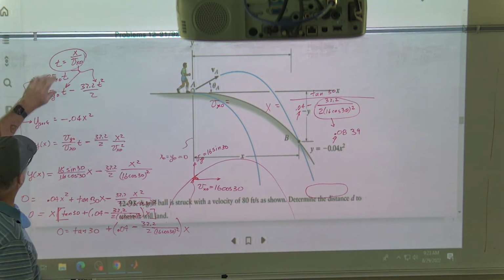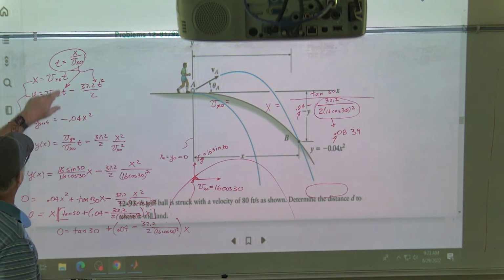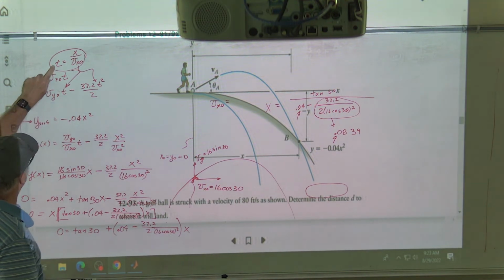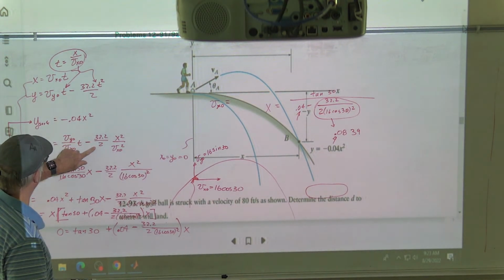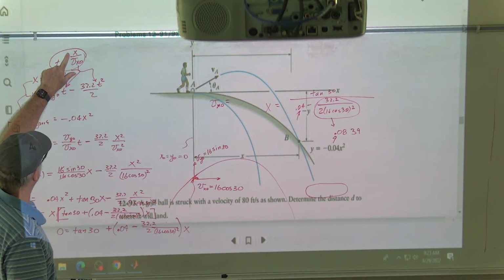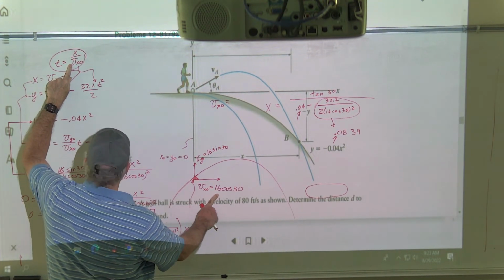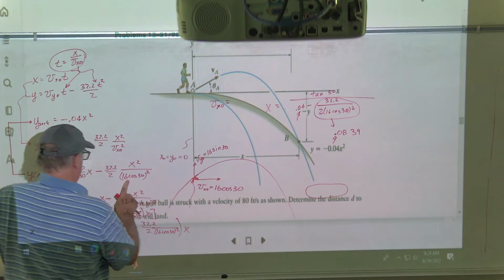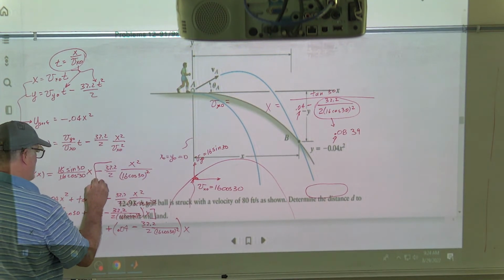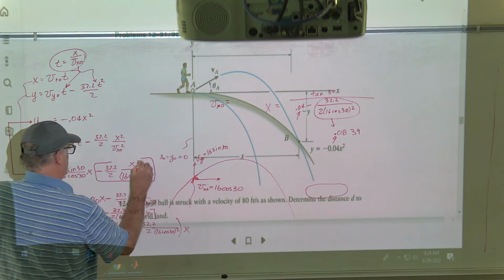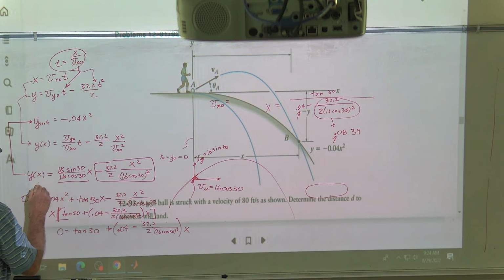I stuck the t into here. So I got the Vy naught, and then I got the Vx naught. So then I've got my t goes in here at 32.2 divided by 2, t squared, which is now x squared, over Vx naught, which is that, cosine 30. So I got that. So this term is the term I'm staring at. Right now, I'm unconcerned about that term.